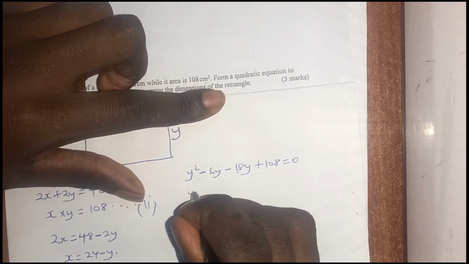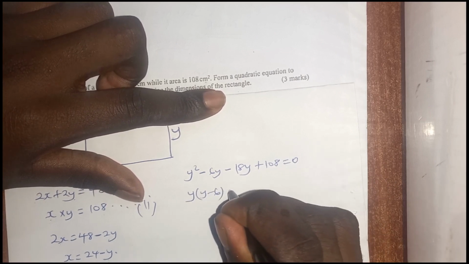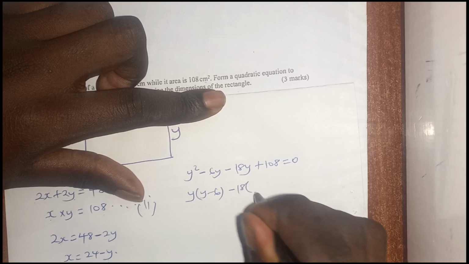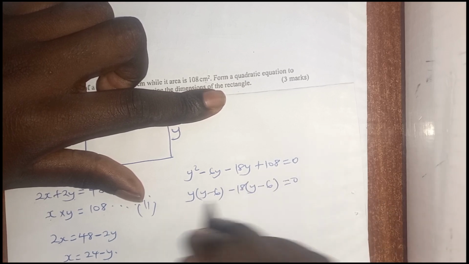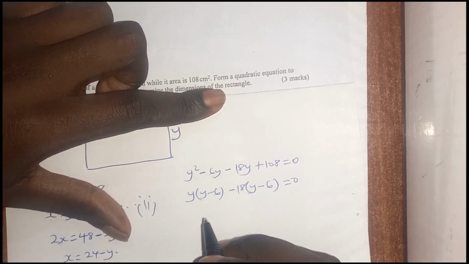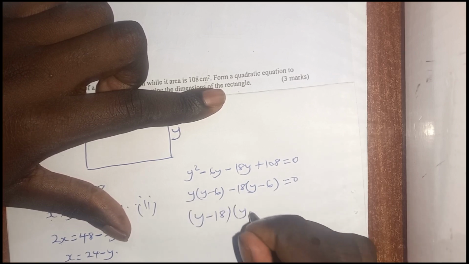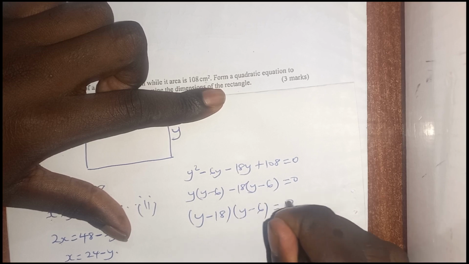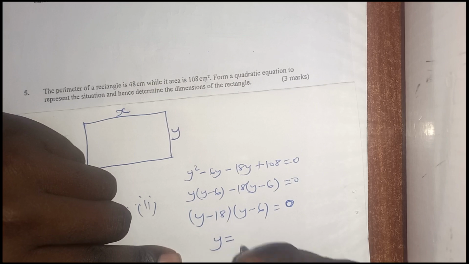We have a y here into bracket y minus 6, minus 18 into bracket y minus 6 equals 0. If you open this up, you're going to get this exactly, right? So y minus 18, and then y minus 6 equals 0. So y is either 18 or 6.